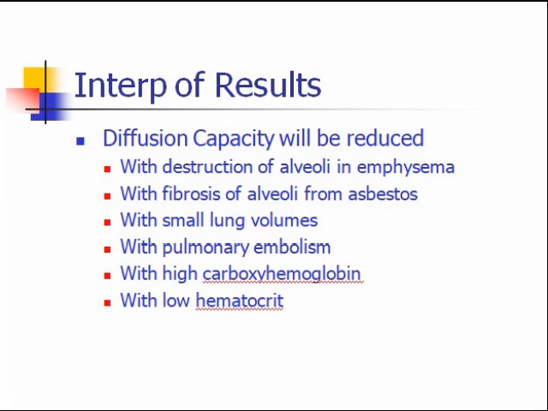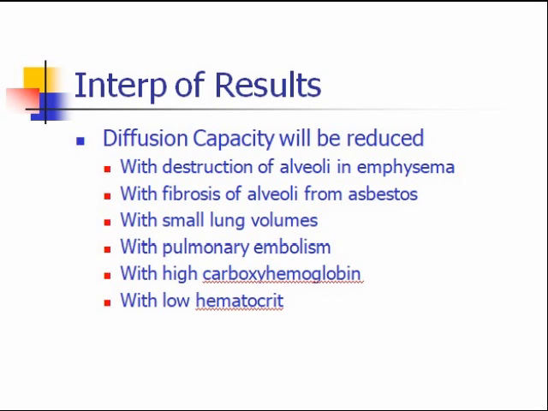Now, diffusion capacity will be reduced in emphysema, where we have loss of alveolar tissue. You just don't have enough lung tissue there. It'll be reduced in fibrosis, conditions like asbestos, which has caused thickening of the lungs. It'll also be reduced when you have severely small lung volumes.